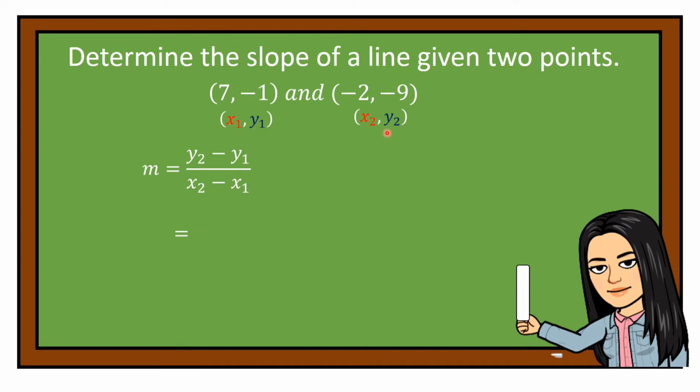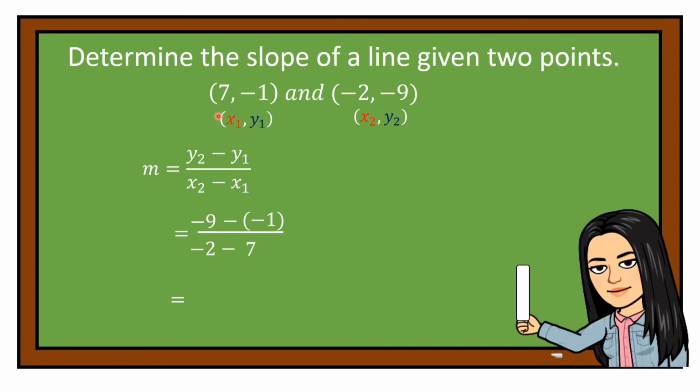So, substitute natin sa formula. This will be equal to, ang y sub 2 natin is negative 9 minus our y sub 1 is negative 1. So, we have to enclose in a parenthesis negative 1 kasi ang operation natin dito is subtraction over x sub 2 is negative 2 minus our x sub 1 is 7.